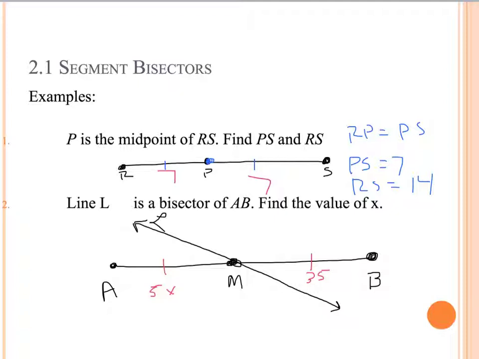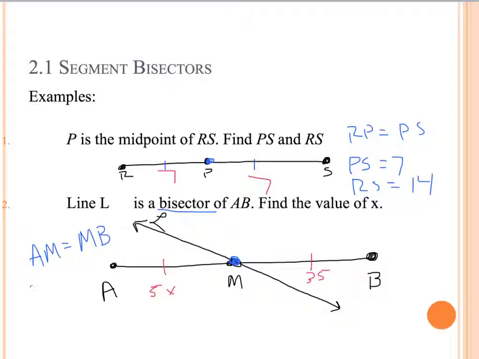All right, second one, it says line L is a bisector of AB. Find the value of x. Now, the biggest part of these two sentences right here is bisector. That tells me that line L is a bisector of AB. It is at point M, becoming a bisector, which means it cuts AM equal to MB because of line L being the bisector.